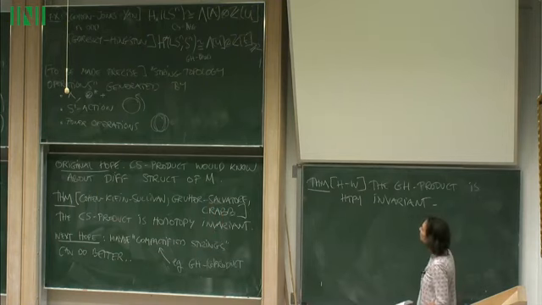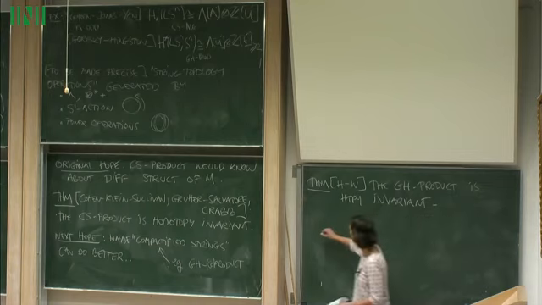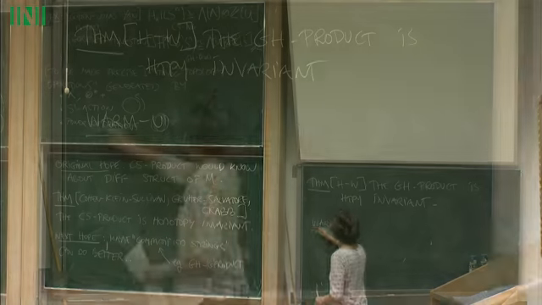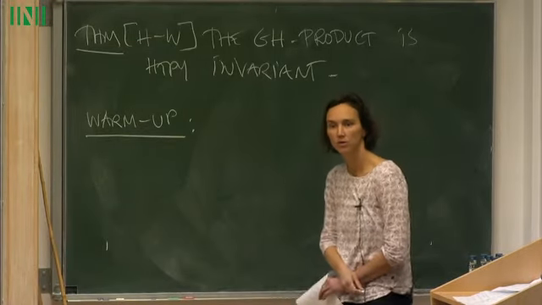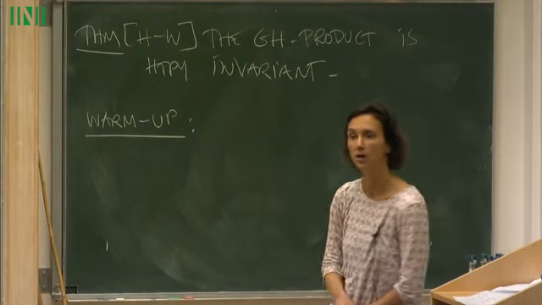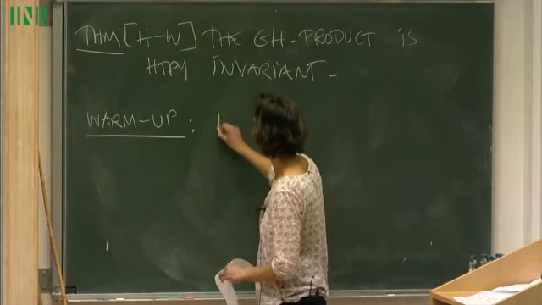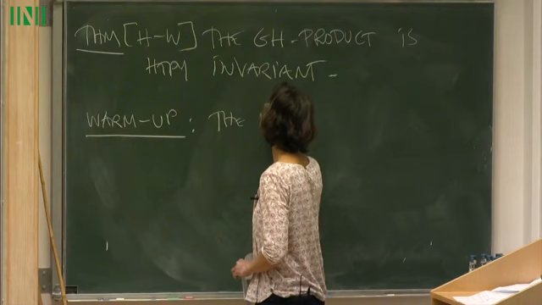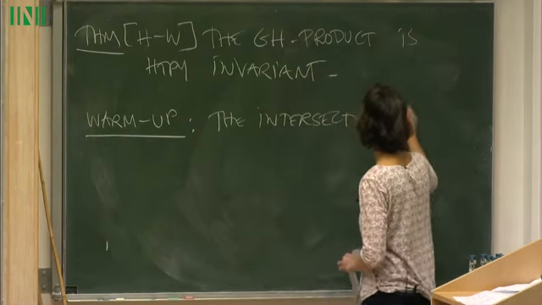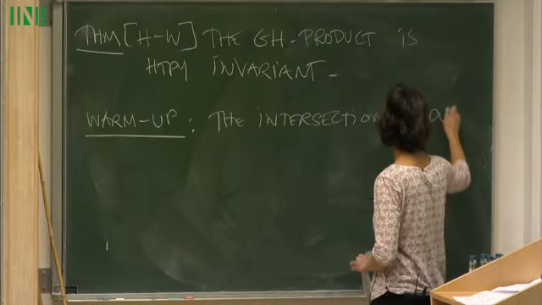Then it's best to do a warm-up, which is these products are based on the intersection product. This is a main ingredient, so let's think a little bit about the intersection product.